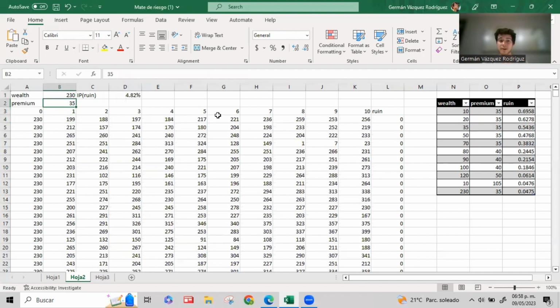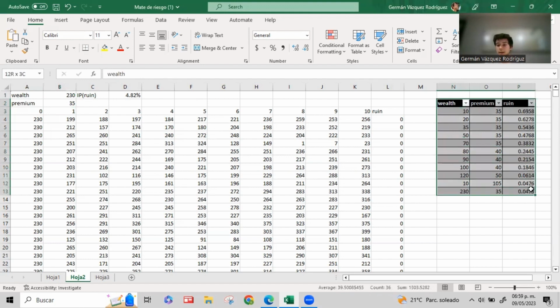But for these 35 pesos, for the ruin probability to be lower than 5%, our wealth needs to be 230. That's a lot of pesos, right? So if we decrease our wealth, the probability of ruin of the enterprise is going to be greater. Or if we lower the premium, it is also going to increase the ruin probability.